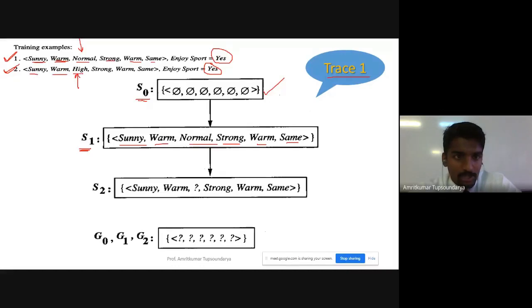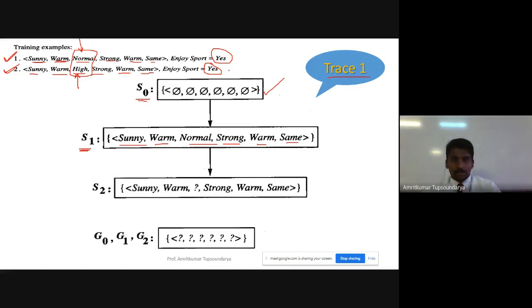When we encounter the second positive example, compared to the first example, in the third attribute value you can see there is a change, right? The value normal is replaced by the value high. The strong remains strong, warm is again warm, same is again same. So there is only one difference you can spot here: normal has been replaced by high.